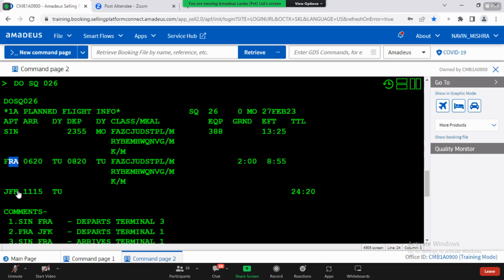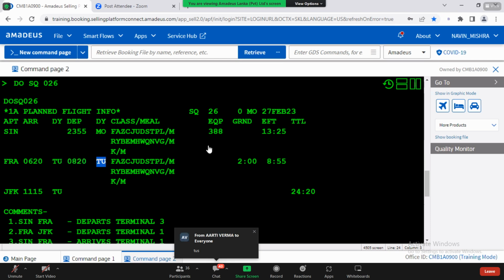The flight between Singapore and John F. Kennedy is stopping at which airport? Frankfurt Airport. Now tell me the arrival time at Frankfurt Airport. 6:20. And tell me the departure time from Frankfurt Airport. 8:20.